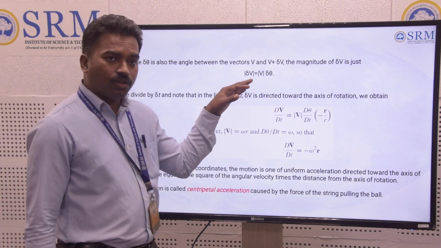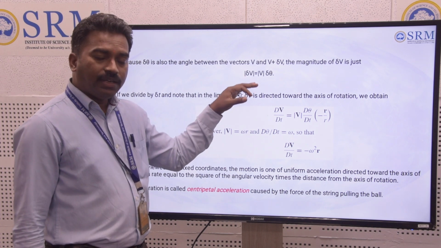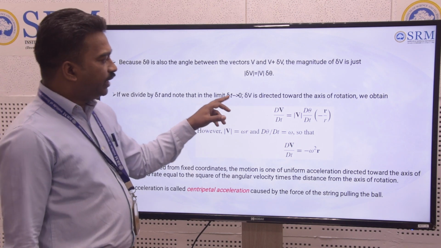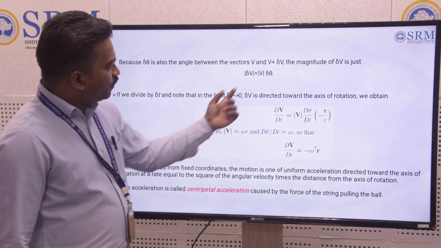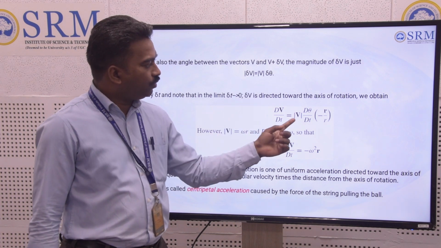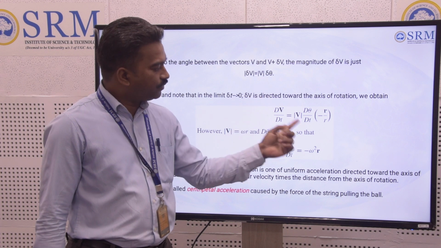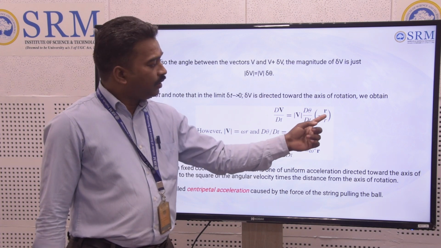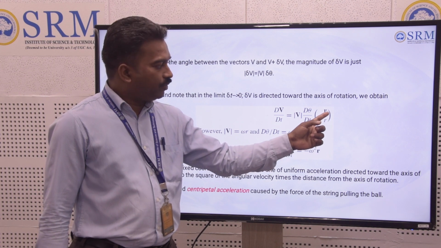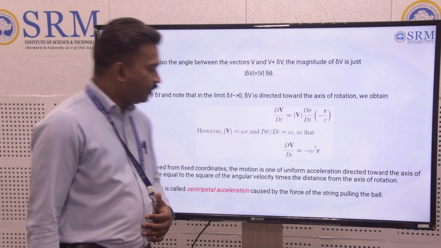To obtain acceleration, we divide this equation by delta t and take the limit delta t tends to 0. Finally we obtain dv by dt, which is equivalent to mod v times d theta by dt, multiplied by the radius of this circle.